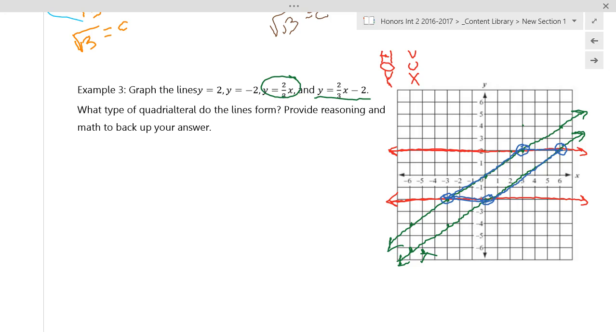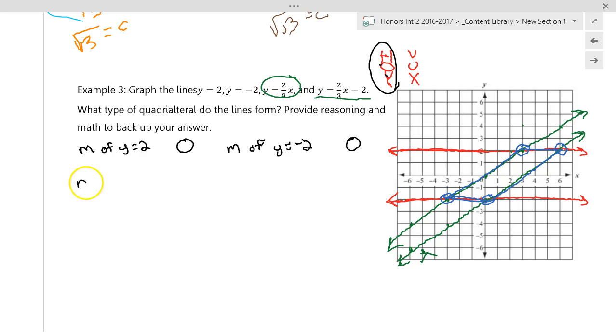So y equals 2. Well, the slope is 0. Slope of y equals negative 2. Again, if it's y equals a number, my slope is 0.